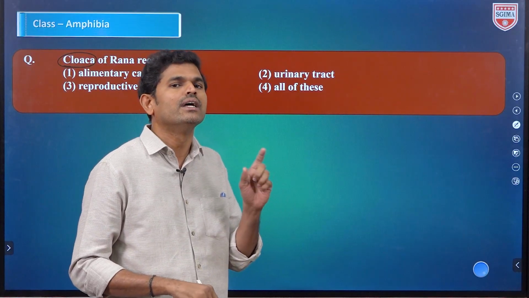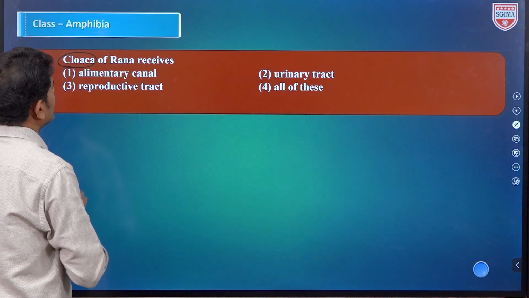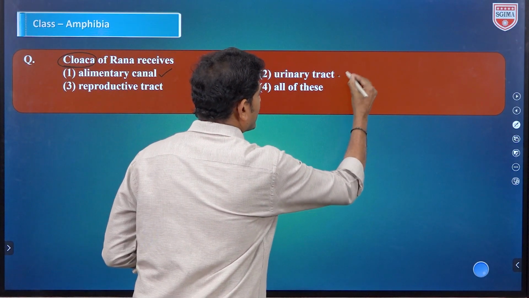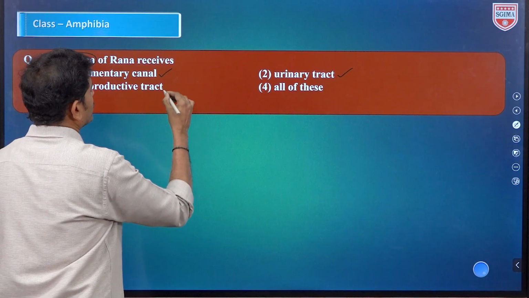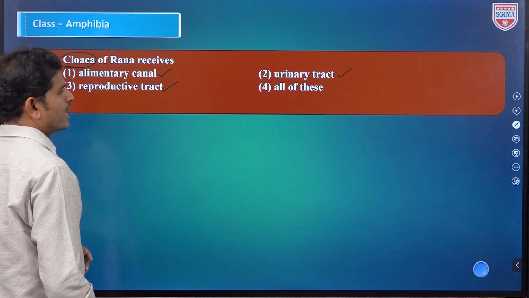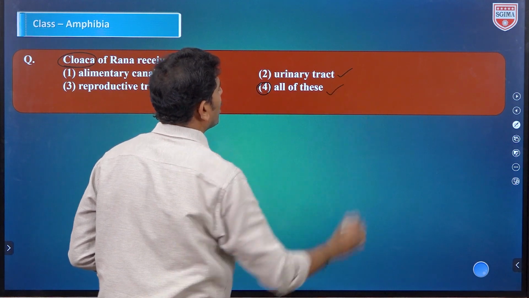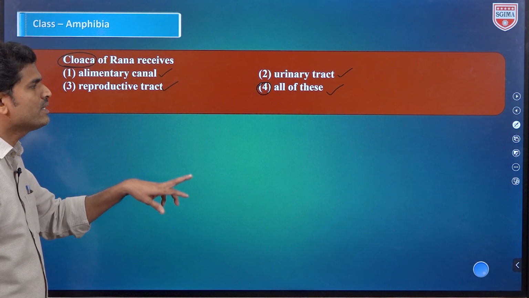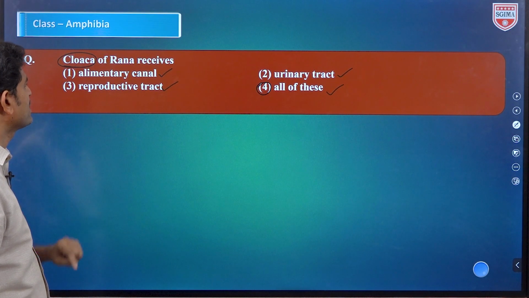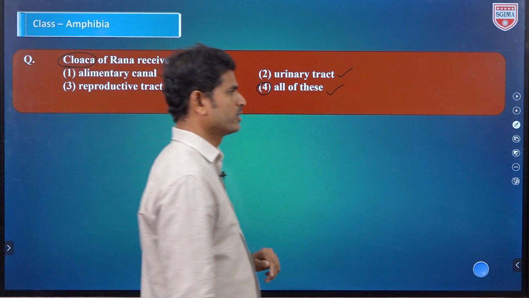These 3 open into it. So the correct option: the alimentary canal is received, and the urinary tract is also correct, and the reproductive tract, these 3 open into the common chamber. Now the fourth option is correct. Okay, so it is all of these. So these 3 systems open into a common chamber, which is called the cloaca. Okay, so the correct option is the fourth option.